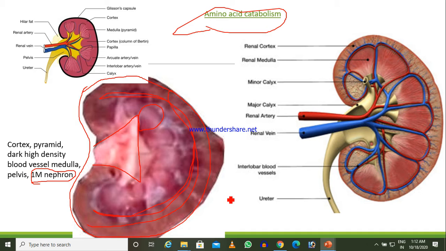This refiltration is basically natural dialysis. Otherwise, if this does not work properly, then you have to go for artificial refiltration, which is called dialysis. So this is amino acid catabolism, and your kidney is responsible for purifying the blood.